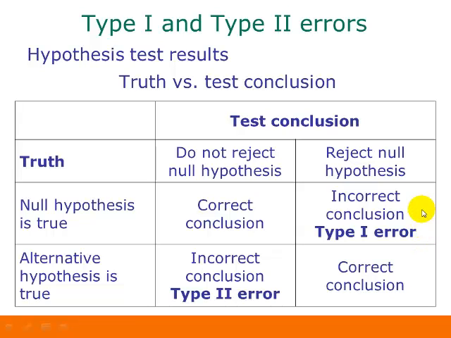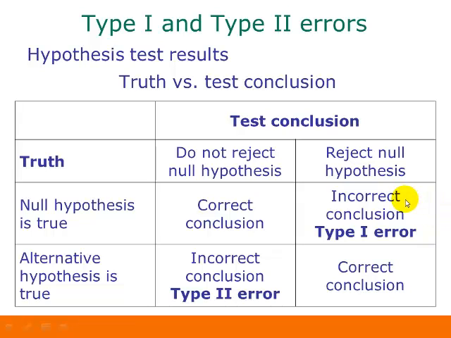For example, if we're doing some type of drug testing where the consequences of this type of incorrect conclusion could be very serious, could be a serious safety risk or something like that, then we want the probability of making this error to be extremely small. So we would make our significance level very small, like maybe 1% or even less than that. Sometimes it's more like 0.1%.